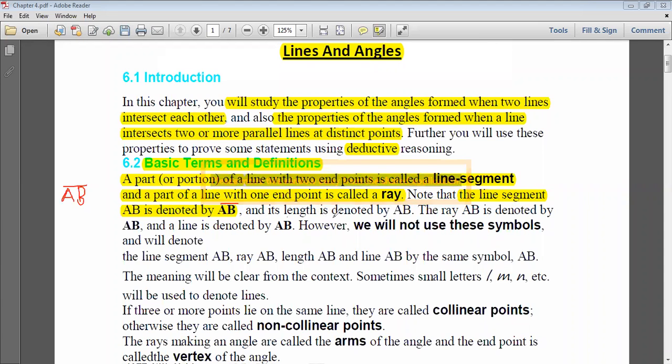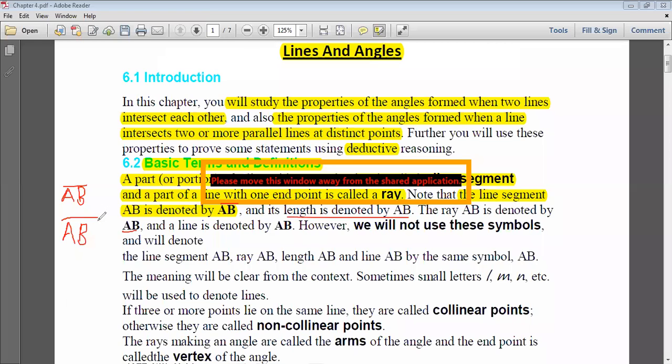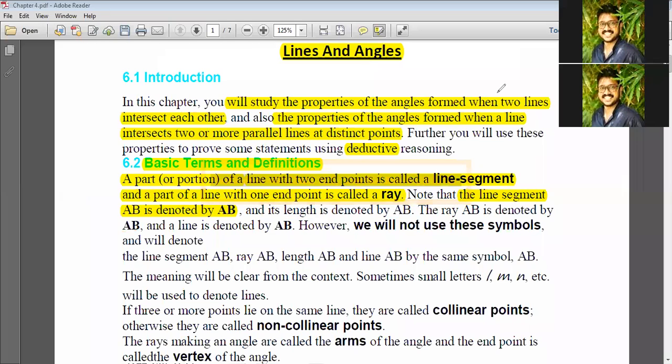And its length is denoted by AB. Now, what about a ray AB? First, we write AB and we draw a small ray above that AB. These are the symbols that we use to denote a ray as well as a line segment.